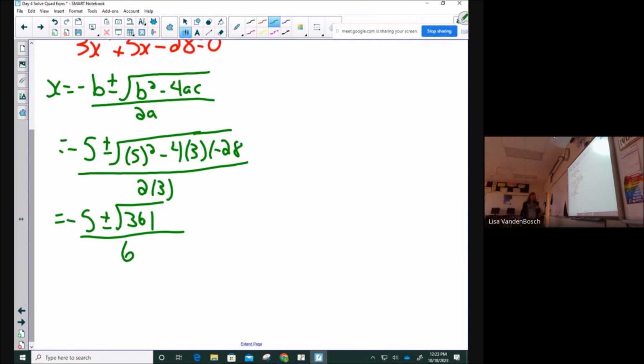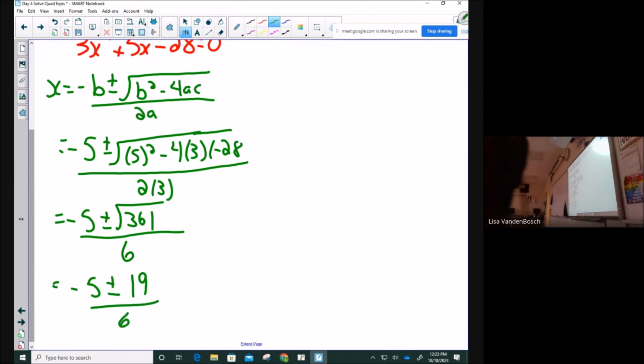Okay then, so the square root of 361 is 19. So your two answers are going to be negative 5 plus 19 divided by 6, or negative 5 minus 19 divided by 6.